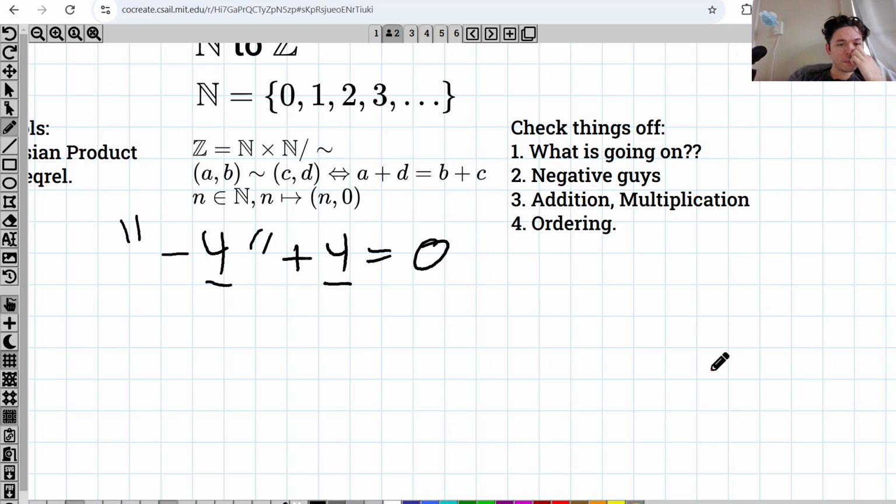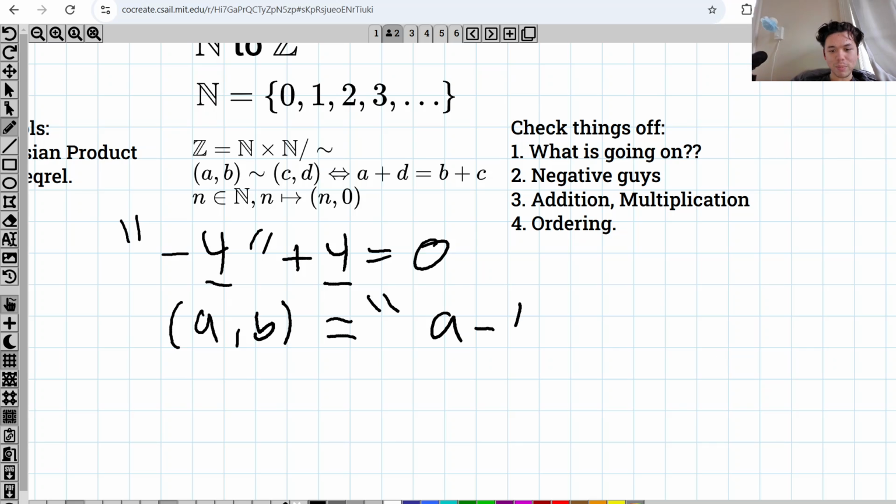So really I need a way, starting out with these positive natural numbers, I could just say our numbers are exactly these pairs a comma b, where a comma b sort of equals, in quotes, a minus b. And this is a common way, if you have to construct something and you're moving backwards: I only have positive numbers at my disposal.